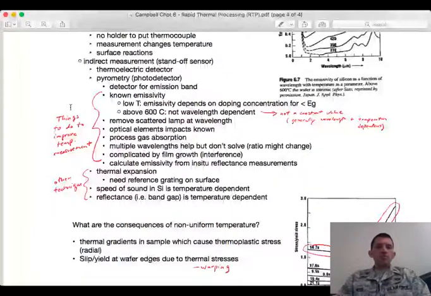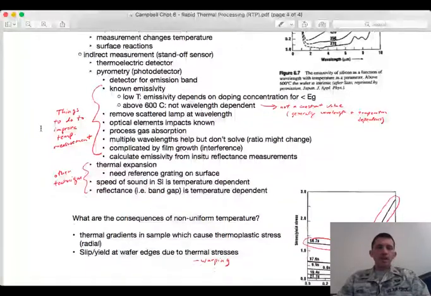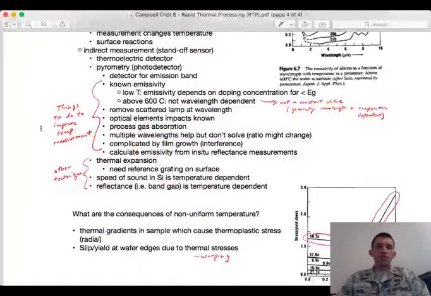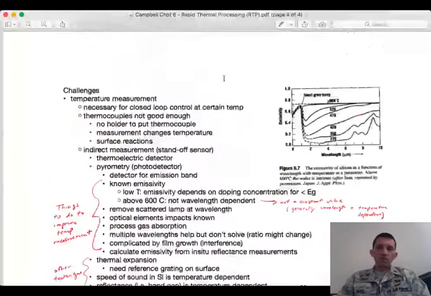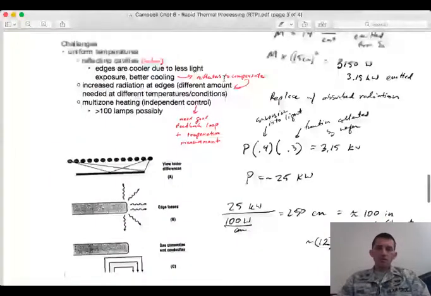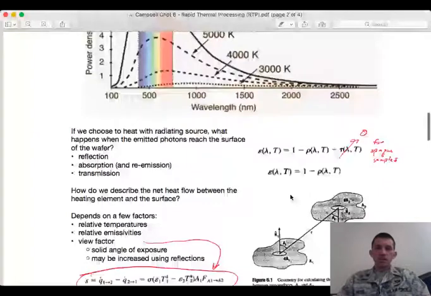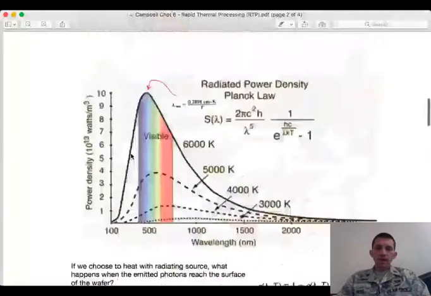In order to use a photodetector as an accurate temperature measurement, right, it needs to be well characterized. Depending on what semiconductor material the photodetector is made out of, it's going to be detecting a certain band of emission. And so here, with this emission band, the question becomes, okay, what is the emissivity of our silicon at that emission band?